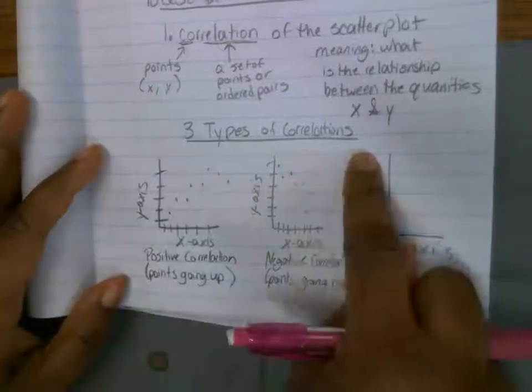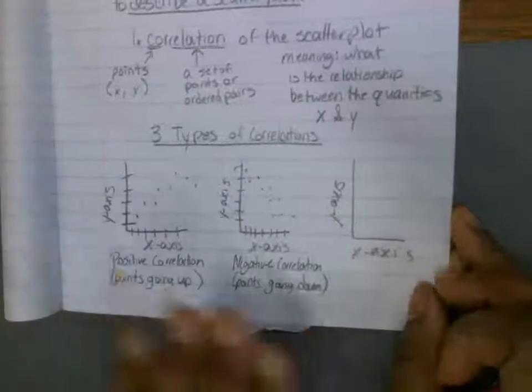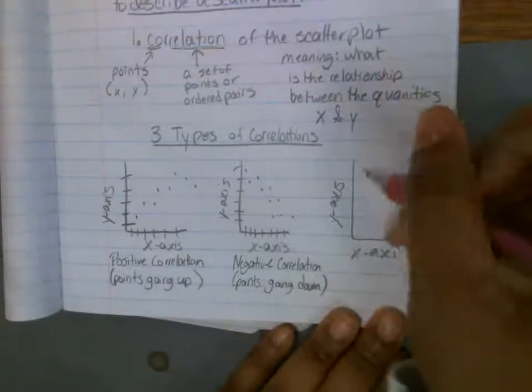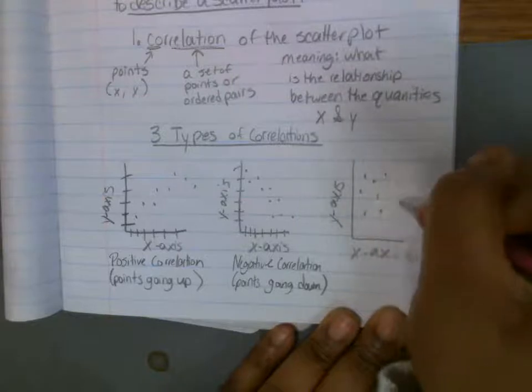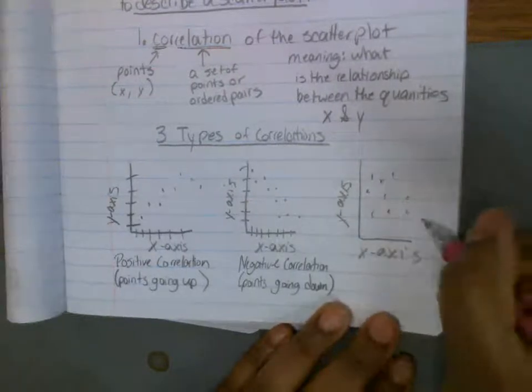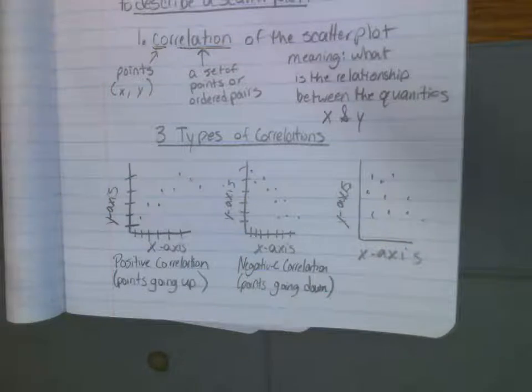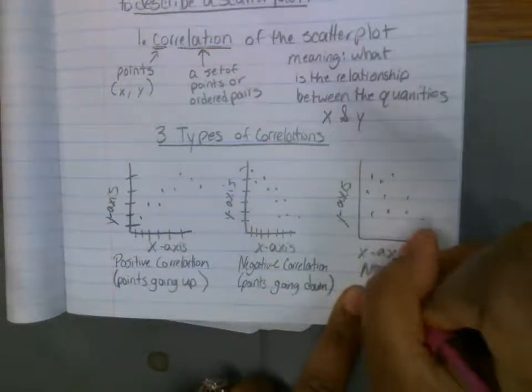The last type of correlation is where you have points that are just scattered everywhere. You can't tell if they're going up or down. They're just scattered everywhere. This is a no correlation, okay?